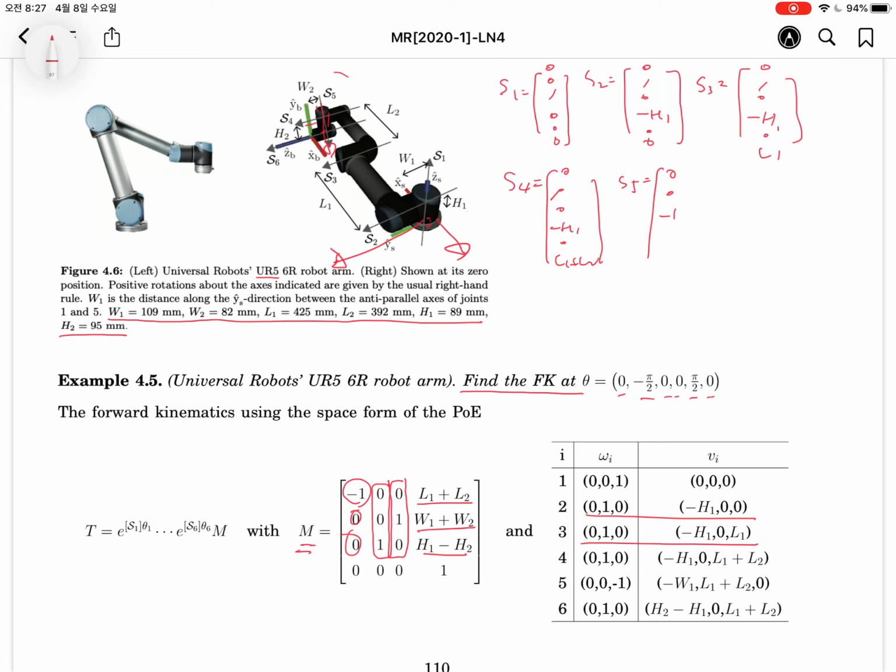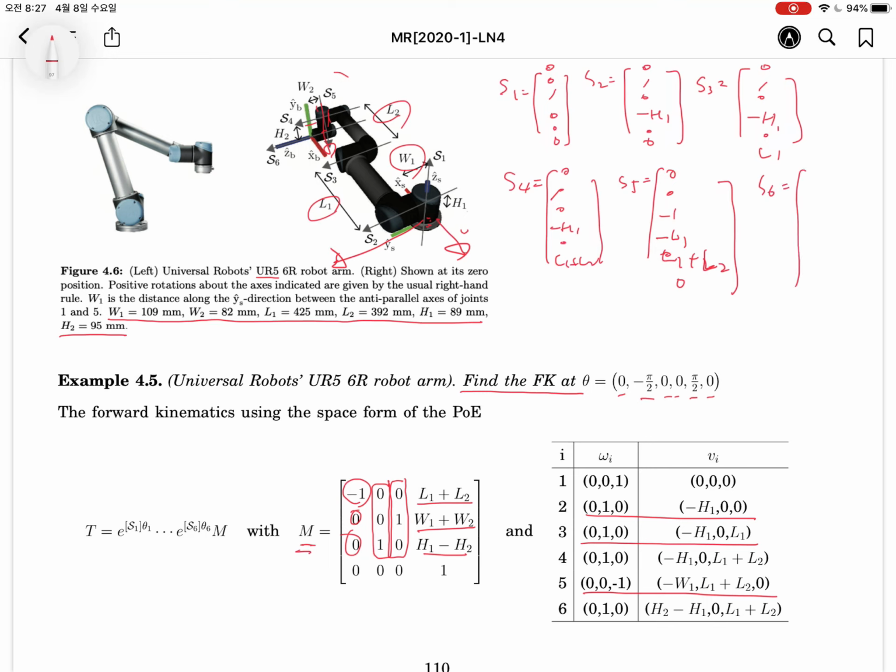So one more, the origin has the y directional linear movement with the magnitude L1 plus L2, and in this case the W1 deviation exists, so we have the minus x directional movement. So we have minus W1, 0, the L1 plus L2 in the y direction, and the 0. So we have this.